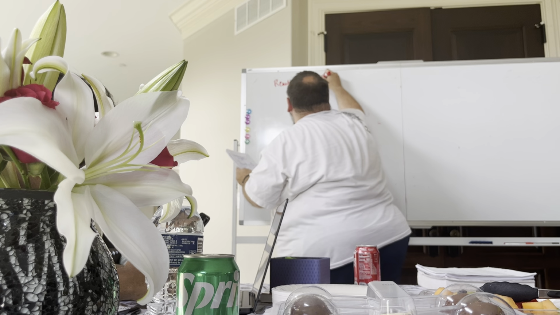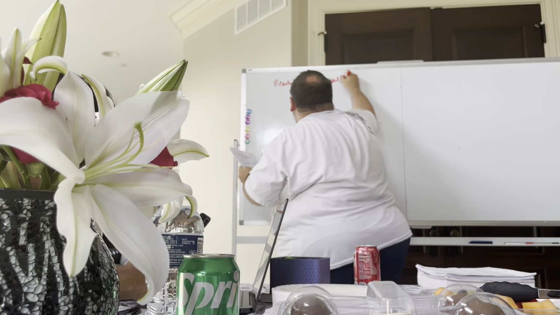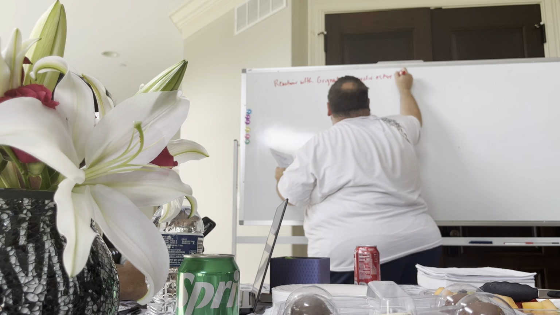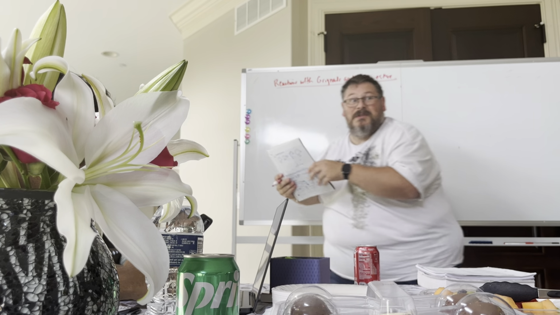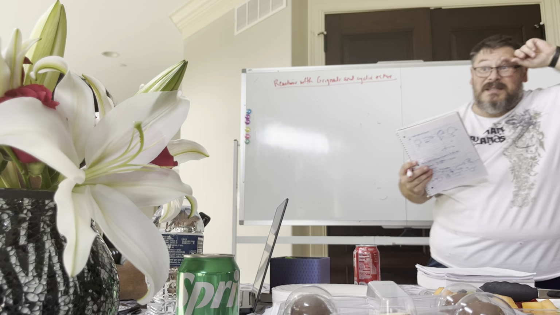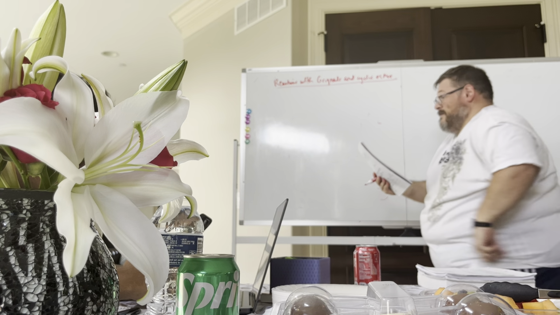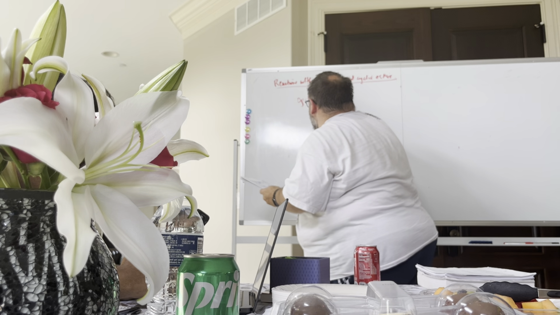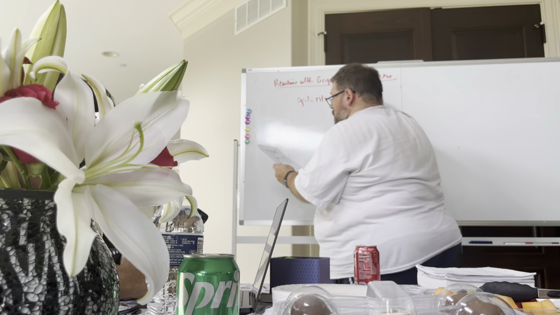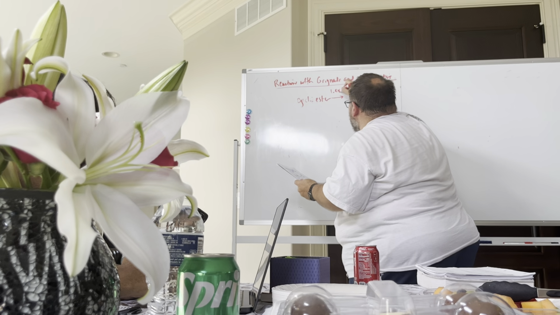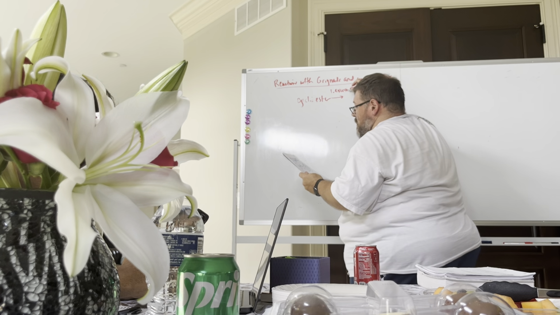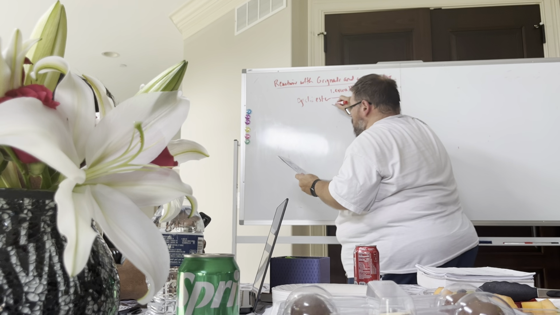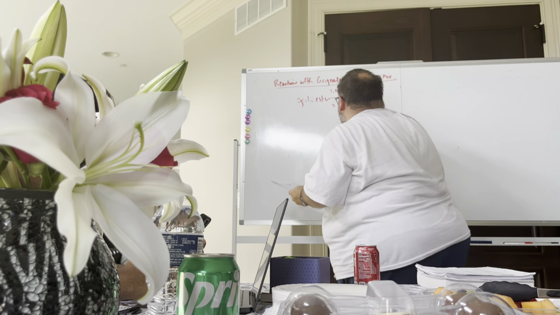Reactions with Grignards and cyclic esters. So it's an ester, which means you can do it twice, right? But it's cyclic. So a cyclic ester is going to have the excess RMgBr, whatever that is, then H3O+.